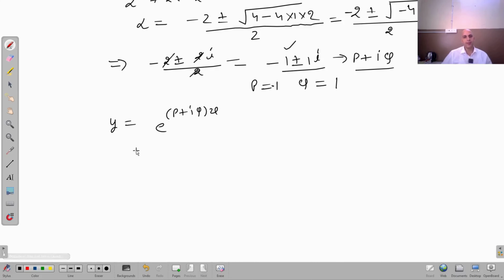So when you expand it, it becomes e raised to power P x plus iota Q x.